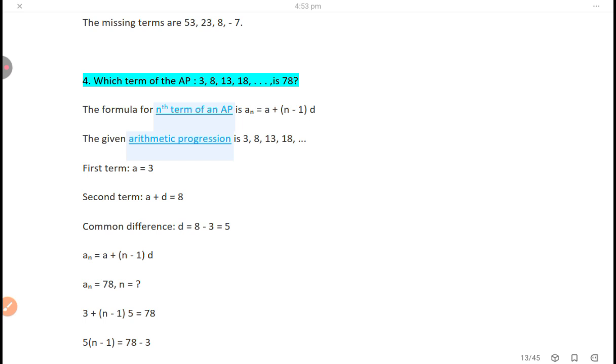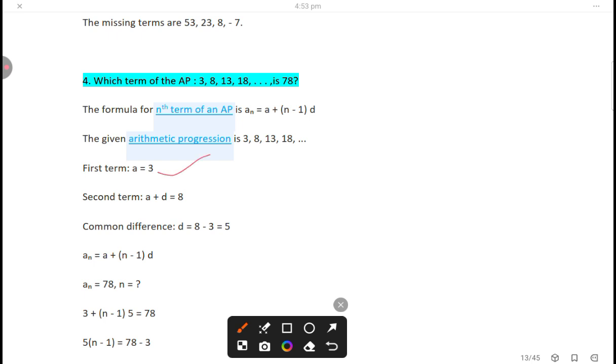Another question. Which term of AP 3, 8, 13, 18, and so on is 78? So we have to find the n value. So here an is given as 78 and a is given as 3. Second term is given a plus d is 8. So common difference is 5.